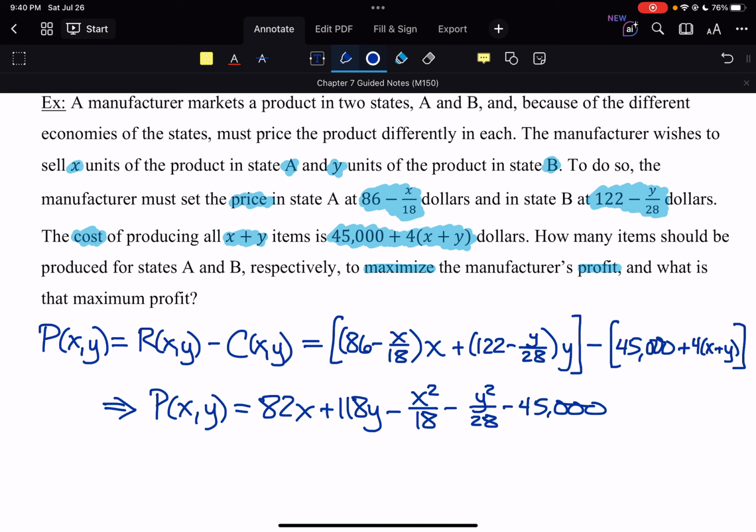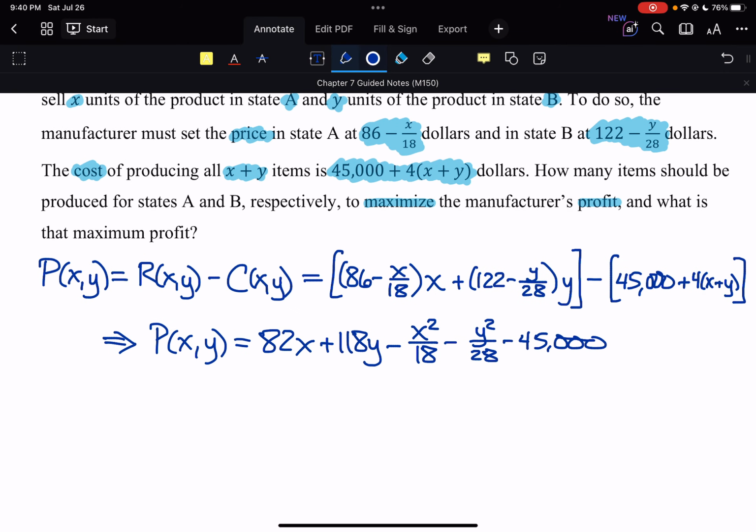Because we're dealing with an application here, there was that little bit of extra work we needed to do just to get to the formula. So this is the profit function that we're going to be working with. We need to find critical points and then test them.